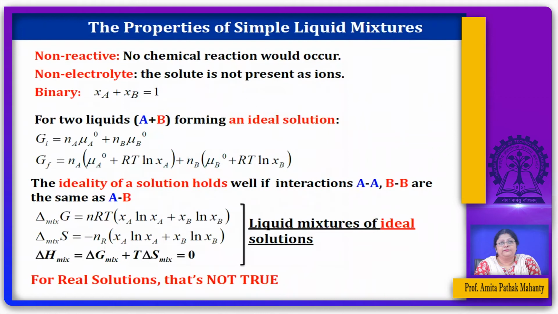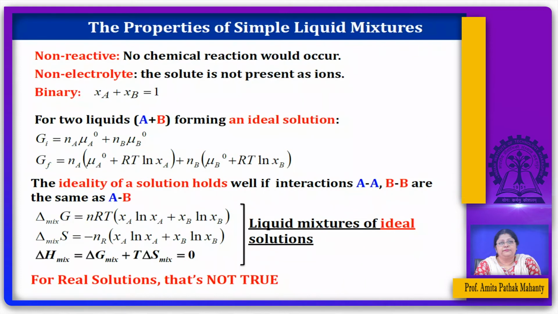Now, suppose we are talking about two liquids and we are talking about mixing. We are not going to deal with more than two components, so let it be a binary system. The two liquids which you are taking, the solute we are talking about is a non-electrolyte.